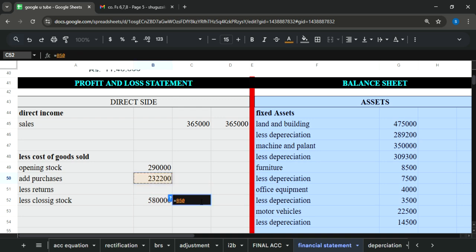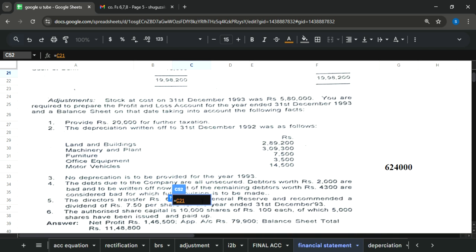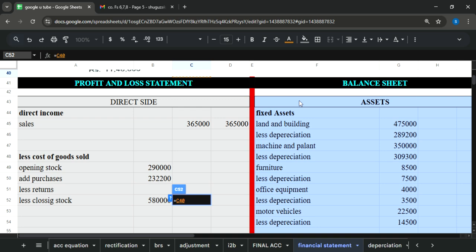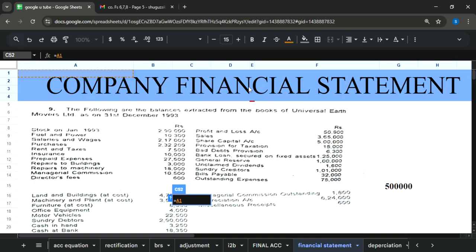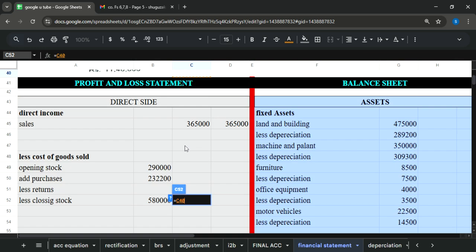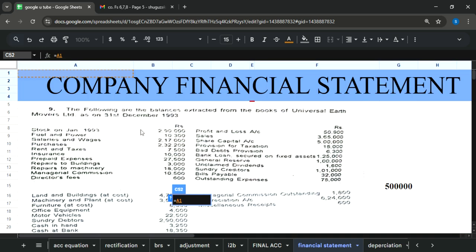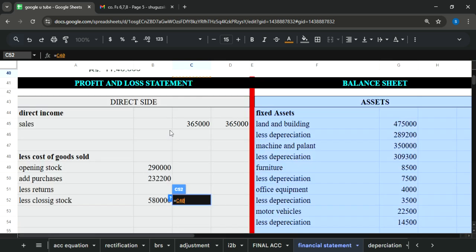Let's check it out. Price of closing stock 580,000. Okay. And purchases we'll have to see again, 2,32,200. That's okay. Opening stock 290,000. That is also okay. Okay, then let's start our calculation again. Opening stock plus purchases minus closing stock.